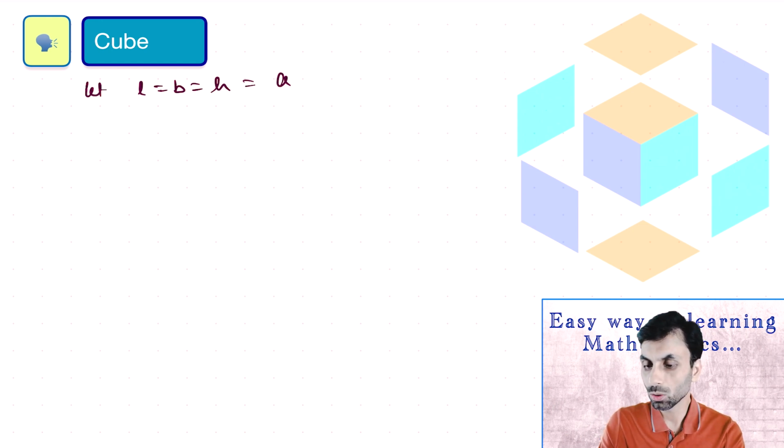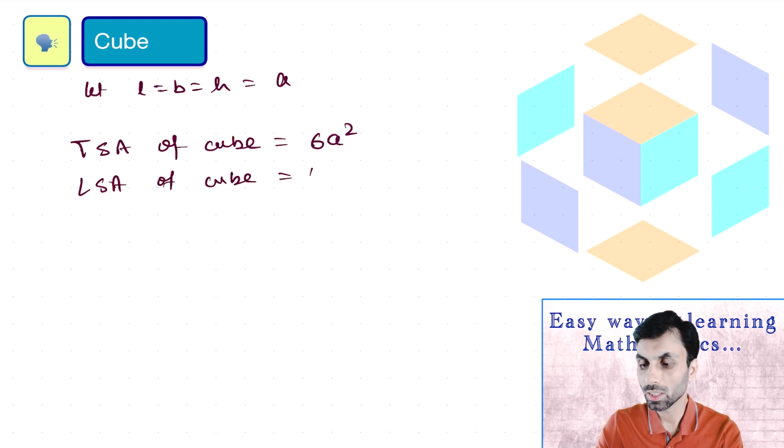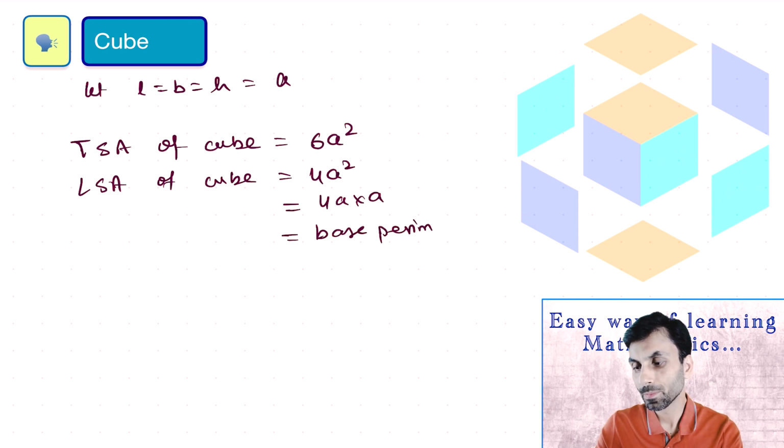So the total surface area, that is TSA of the cube, will be 6A square. Then the lateral surface area of the cube will be 4 walls, that is 4A square, which can also be written as 4A into A, that is base perimeter into height.